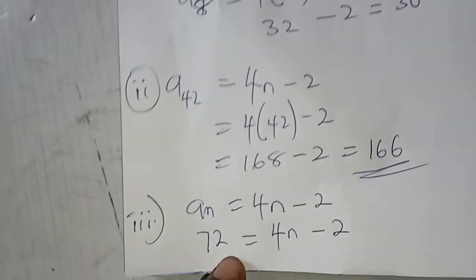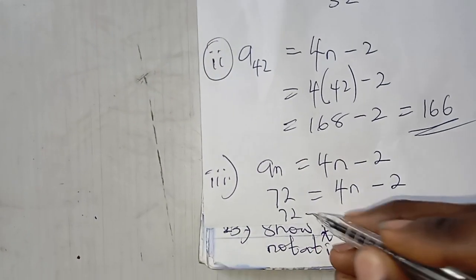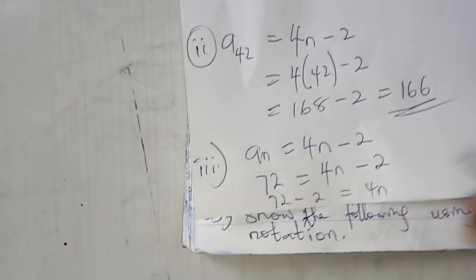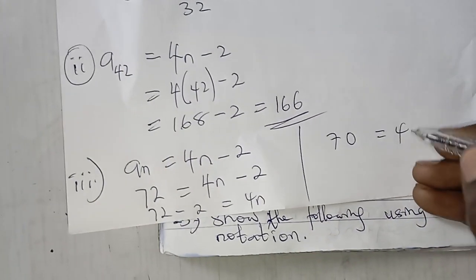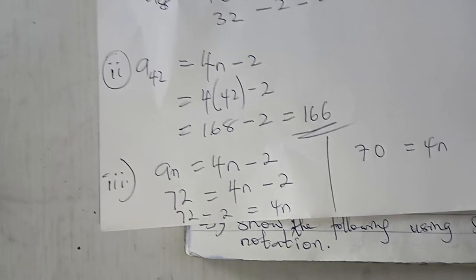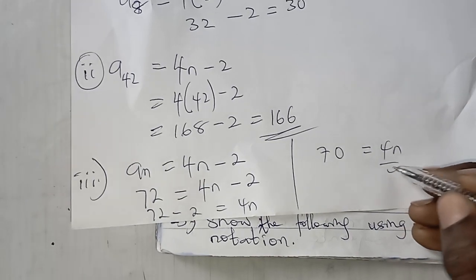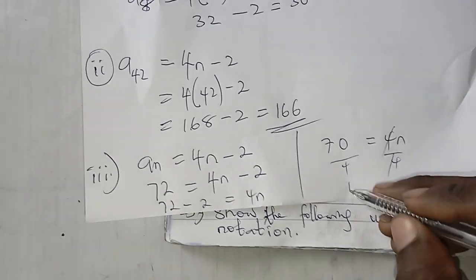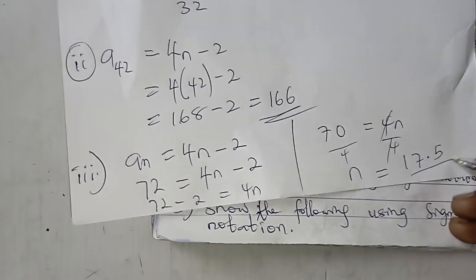So all I need to do in this case is to say, remember an here, they gave it to be 72, but an in this sequence is equal to 4n minus 2. So 72 minus 2 is equal to 4n. So that means that 70 is equal to 4n. 70 divided by 4. So divide both sides by 4. So n is equal to 17.5. Simple.